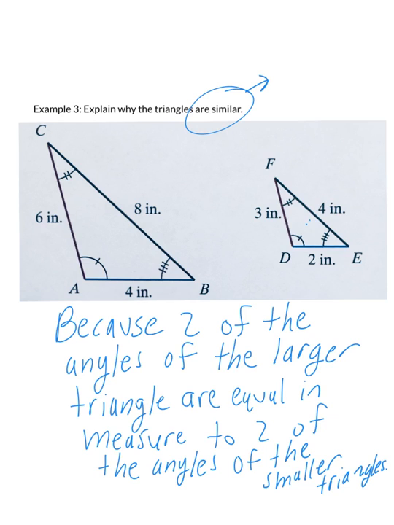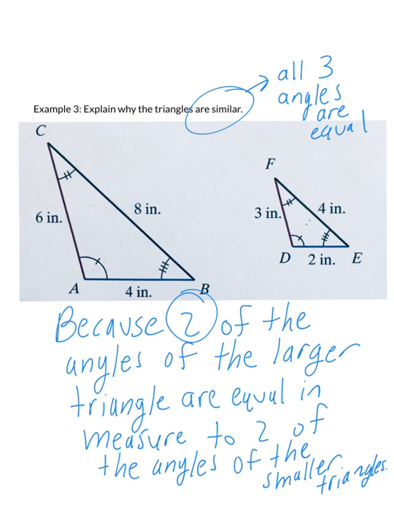So to be similar triangles, all three angles between the big and the small triangles are going to be equal in measure. But the homework is going to just mention two of the angles being equal because the third angle is also equal is implied when they phrase it that way.